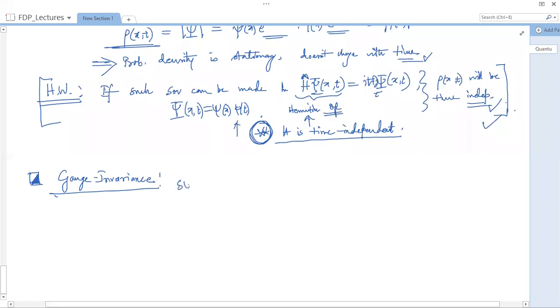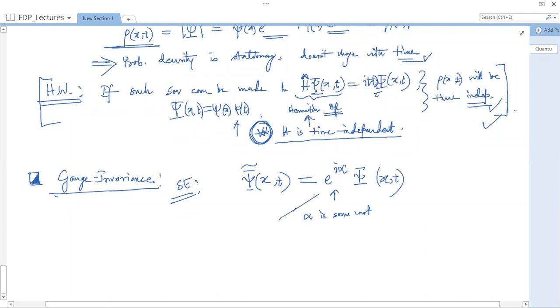In the case of the Schrodinger equation, it means we only care about the function psi of x, t. If I multiply psi of x, t by some constant, e to the power i alpha, where alpha is some constant, this is not a pure imaginary number, it is a pure phase.